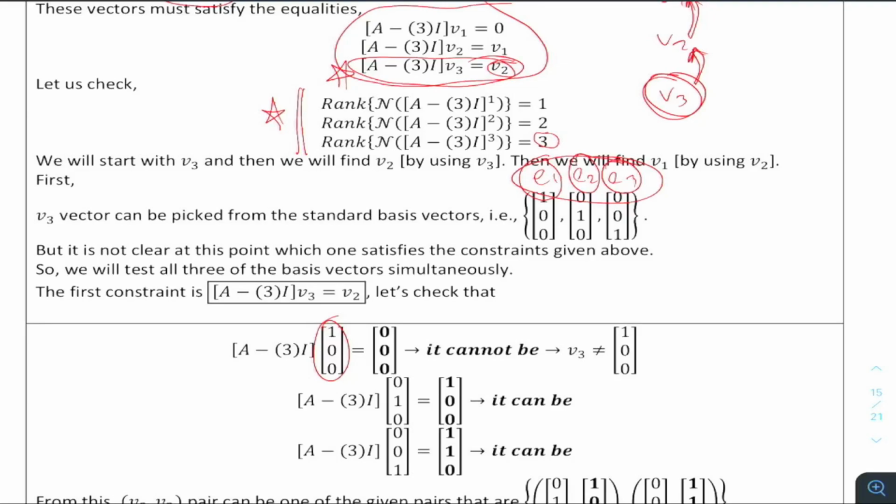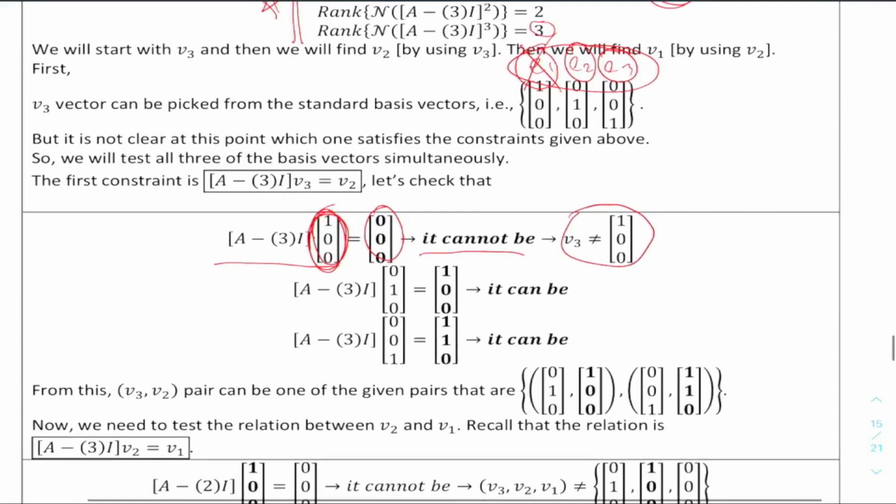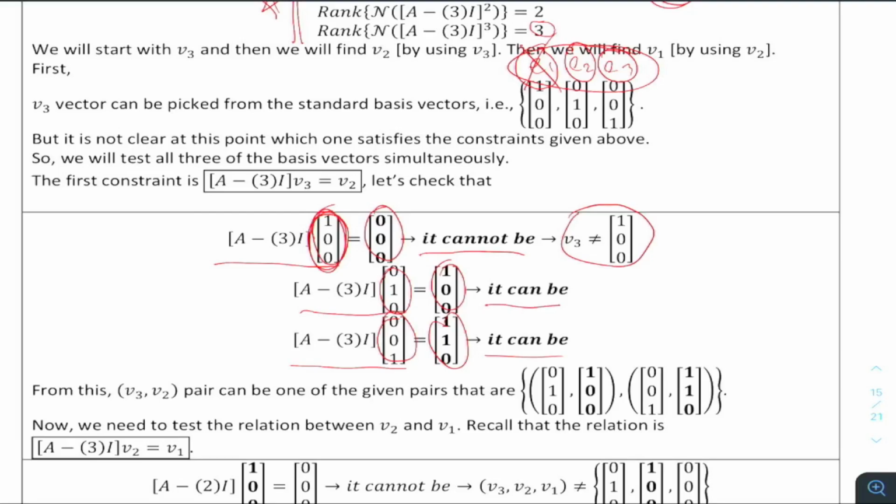And this is e1, this is e1, and that yields the 0 vector, and immediately we can say that it cannot be the case where v3 equals e1. It's out of the possibilities at this moment. However, for e2 and e3, they are not 0, so we can say it can be. We're not sure.